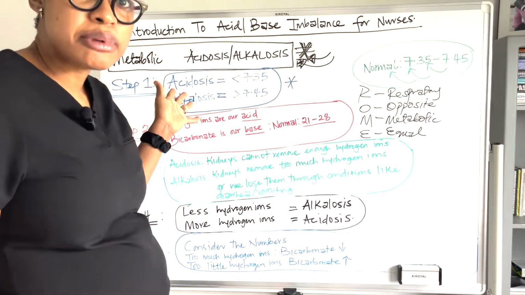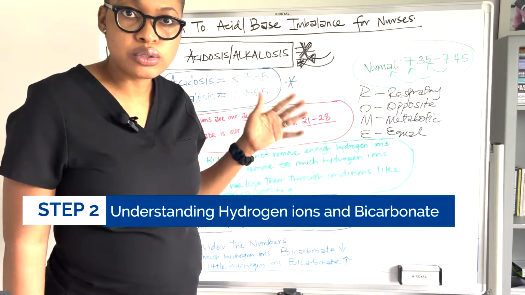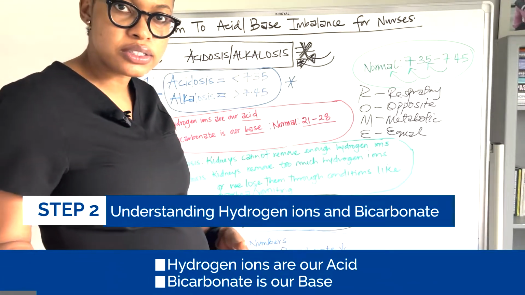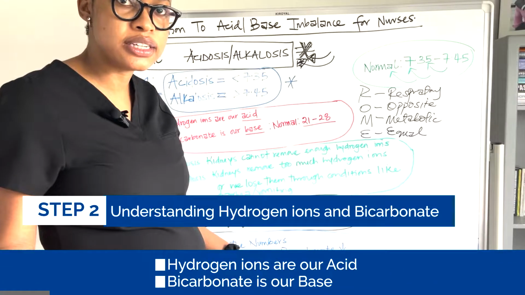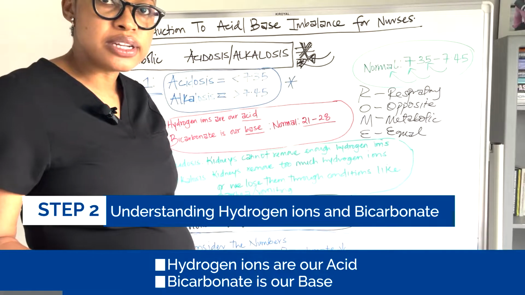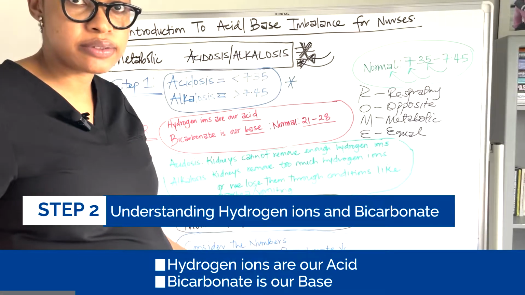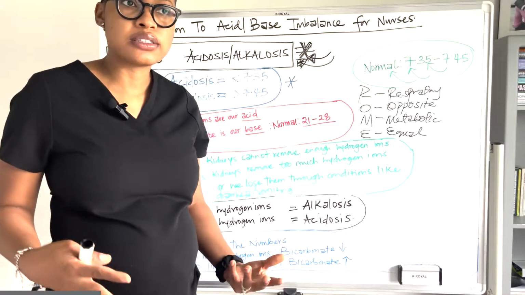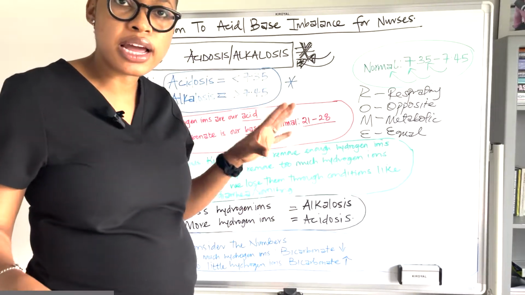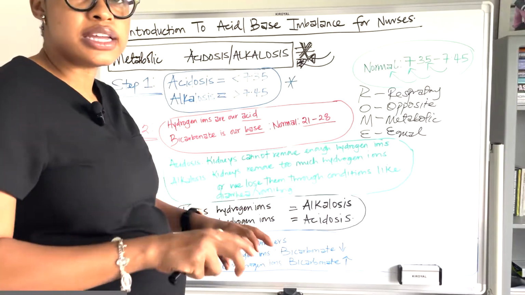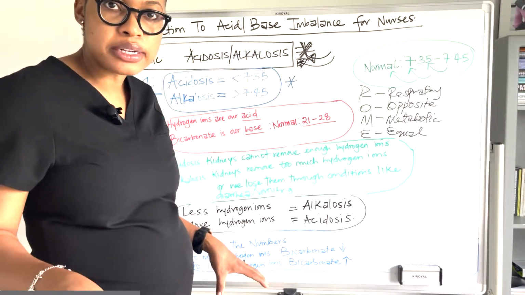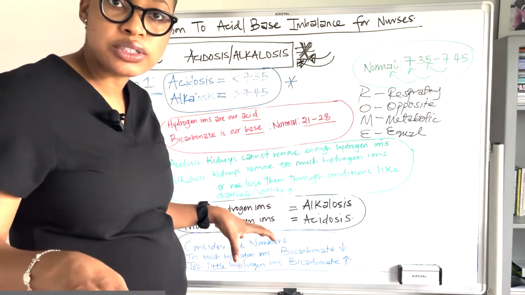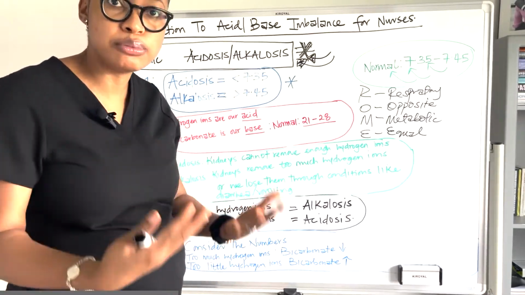When it comes to the metabolic side of things, there are two things to consider. In this case, hydrogen ions are our acid and bicarbonate is our base. Bicarbonate and hydrogen ions are in a friendly balance in the body to keep metabolic pH at the range that is supposed to be.